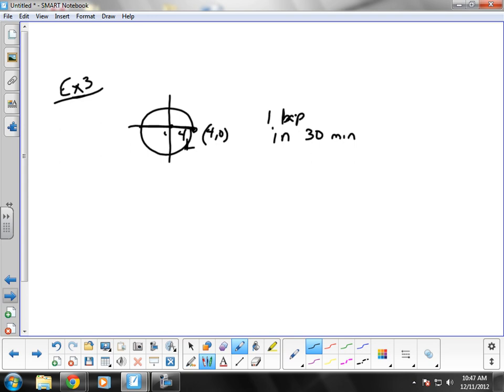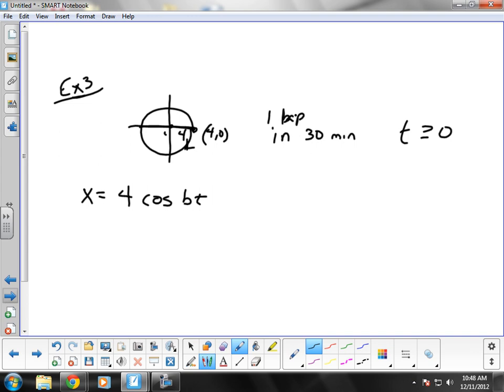All right, so find the parametric description of the path of the turtle at any time t greater than 0. Okay, so we know that x is equal to 4 times the cosine of bt, right?